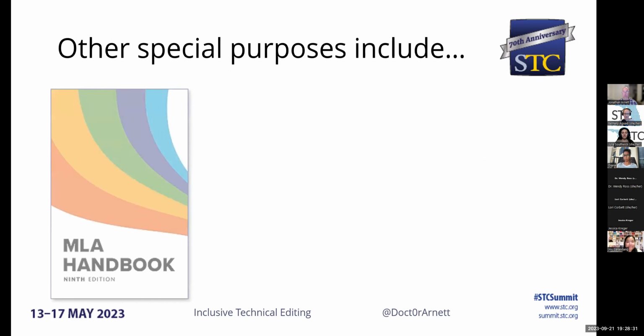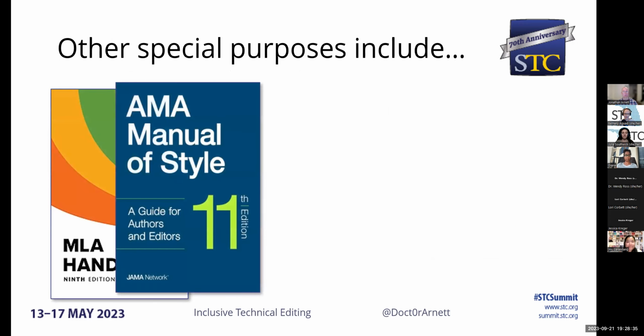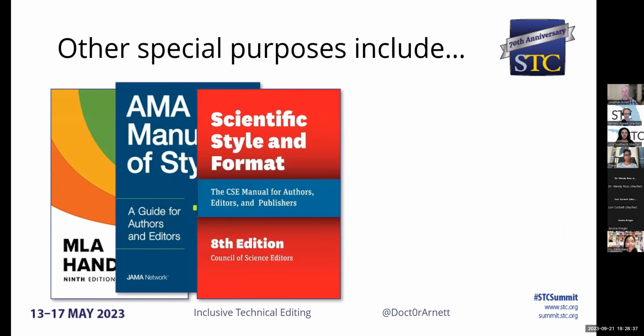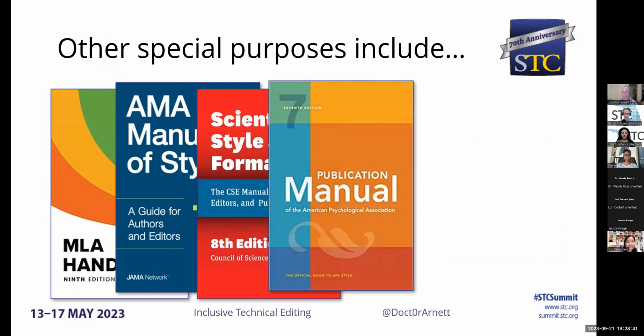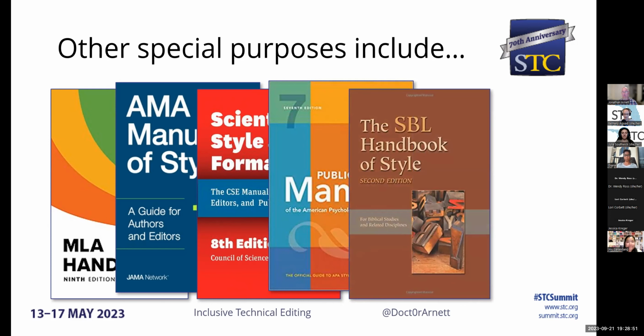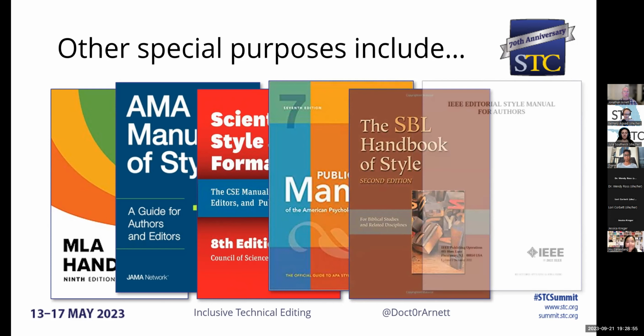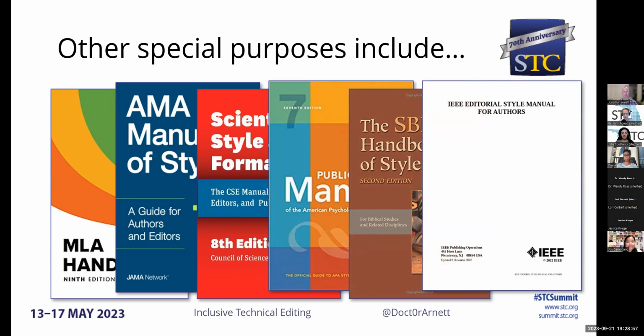Some of the other common ones you'll encounter, if you're working in the humanities, the MLA. If you're working in the medical field, the AMA. If you're working in something scientific, the Council of Science Editors. If you're working in psychology or some other of the scientific fields that don't use CSE, APA is probably one of the big ones you run into all the time. If you work in religion, for example, SBL. If you work in engineering, you're going to run into the IEEE.